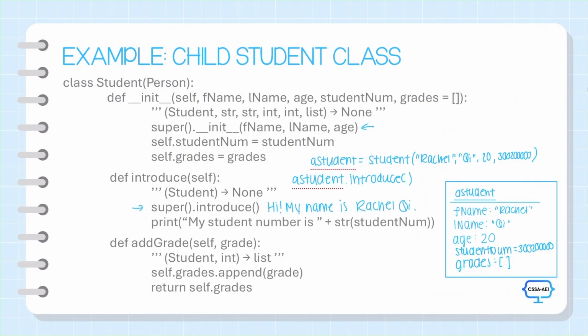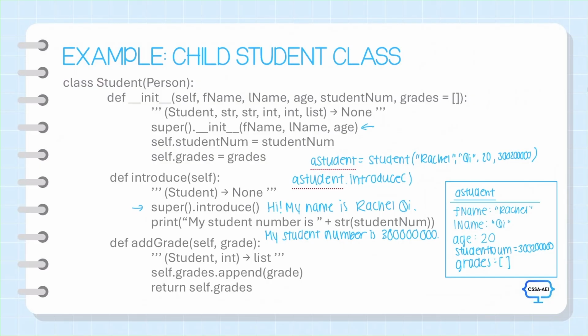And then we extended it by adding my student number is, and I will say out my student number. So we print both those lines, one's from our parent and then the other one's from us.